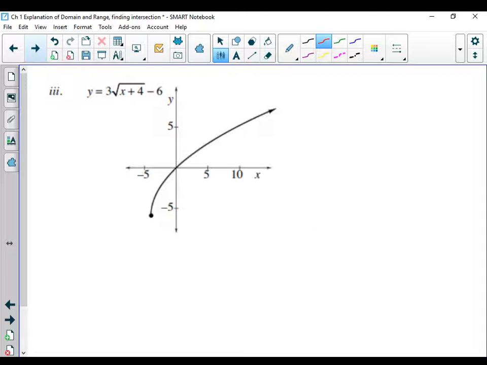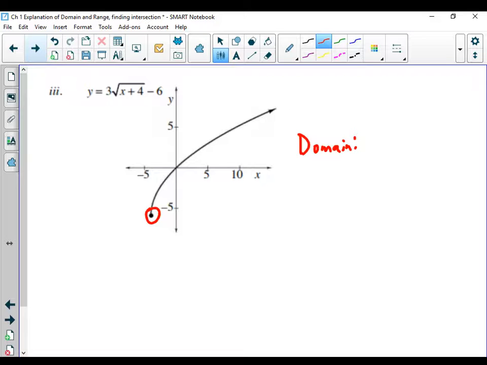All right, one last one here. This graph, again, starts at a specific point, and then it goes on forever after that. So if I'm thinking about the domain, the smallest value there would be whatever value I had for x at this point, which looks like it's whatever point gave me 0 underneath the square root.